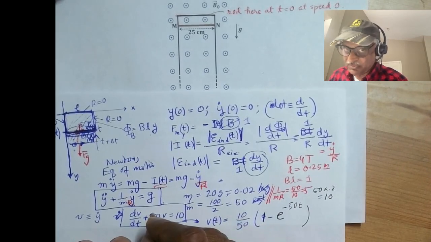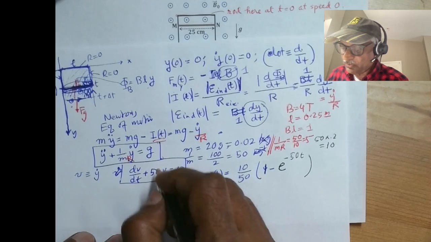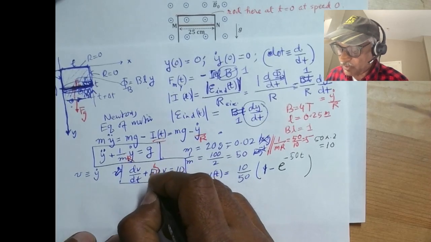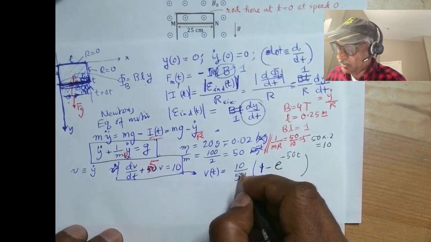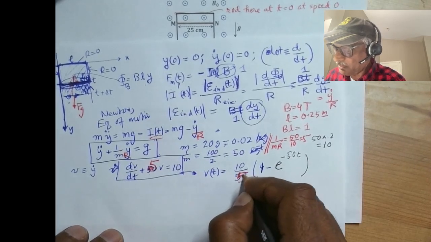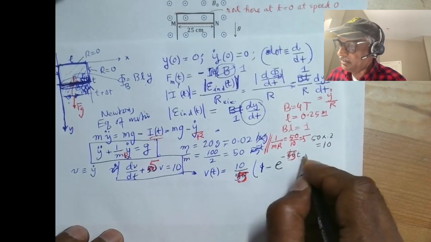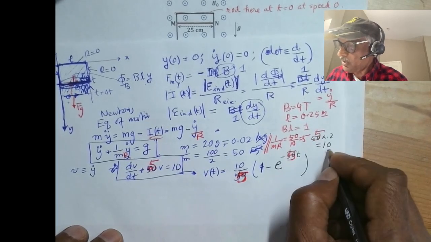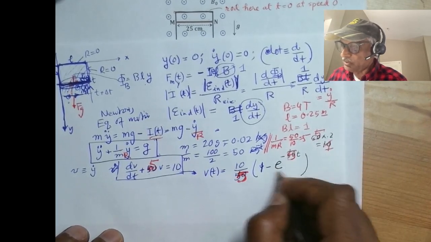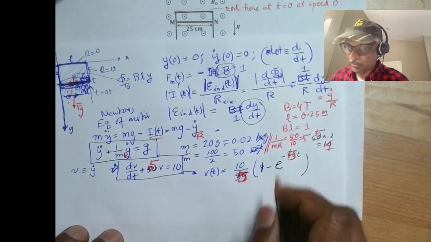So this is not 50, but actually 5, and so this is actually 5. Then when I do this, I'm going to get 1, and this will become e to the minus 1.